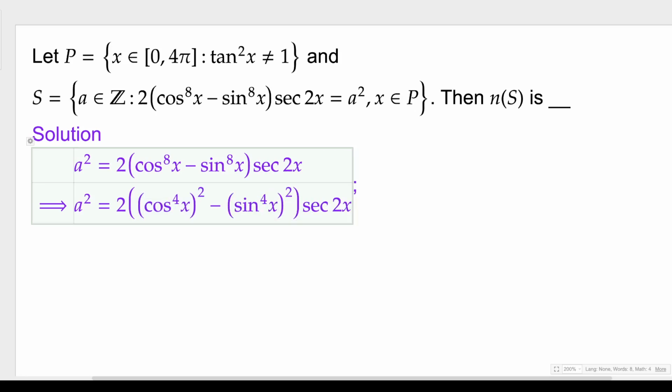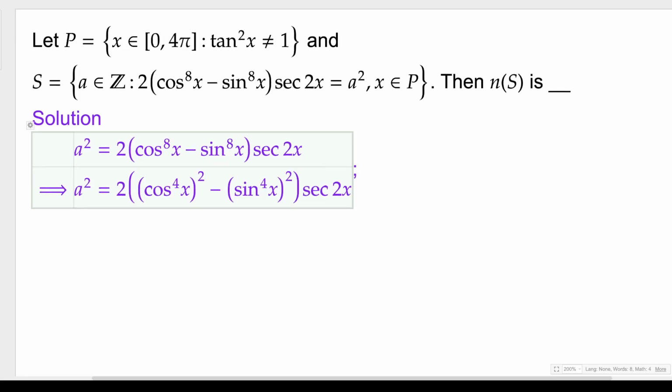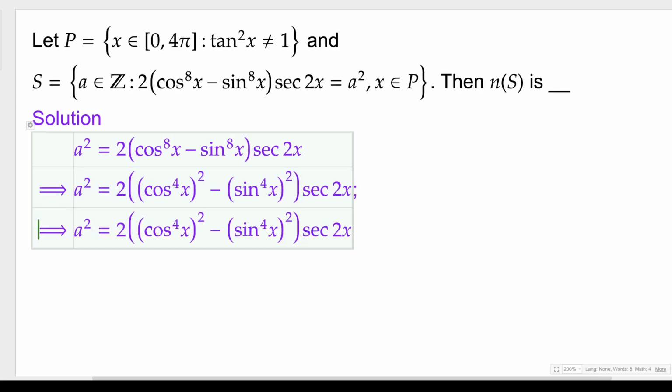For now I'll keep this secant of 2x as it is, because I'm not able to observe any cancellations or any kind of expansion here. So let's focus on this part first. Let us go step by step. Wherever I feel that secant of 2x must be resolved, we'll think about it.